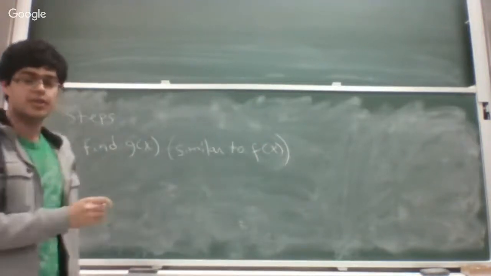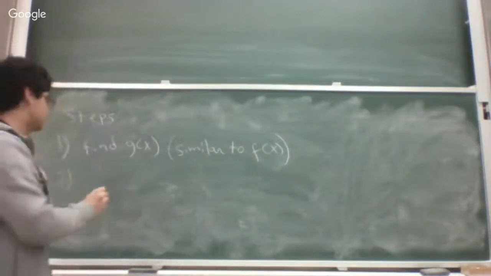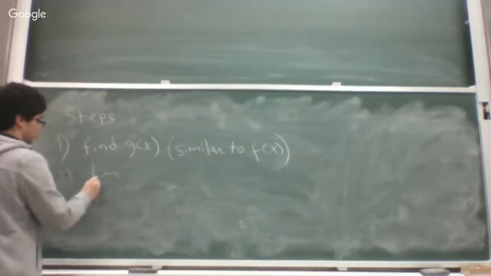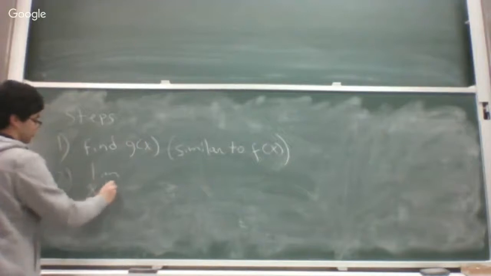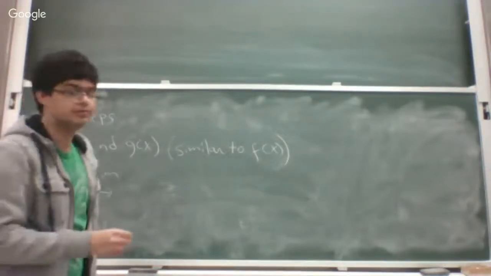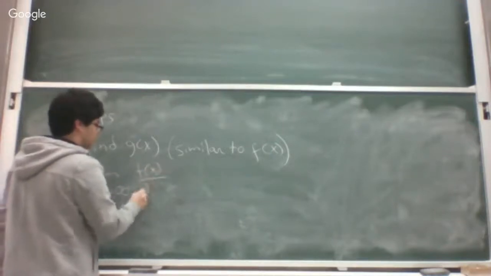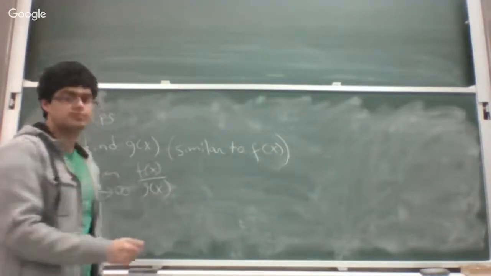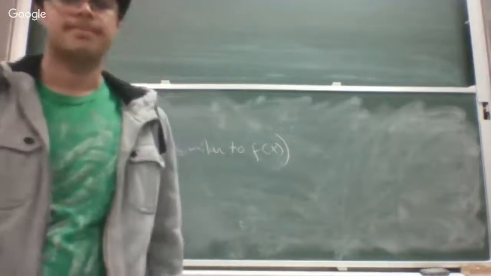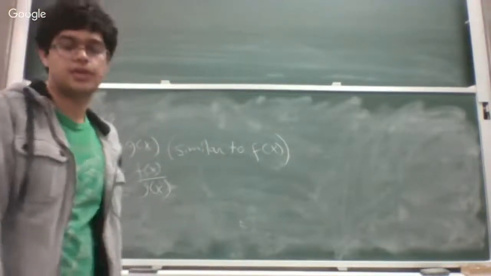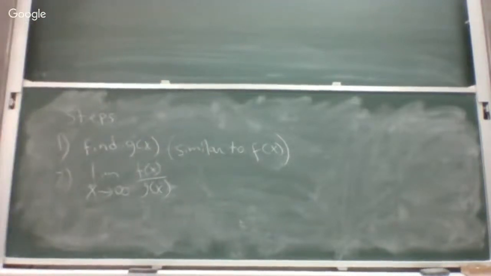Second step, you do the limit as x approaches infinity of f of x over g of x, and you should get a number.